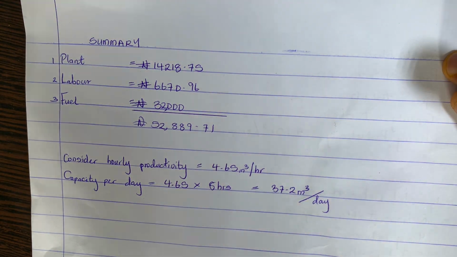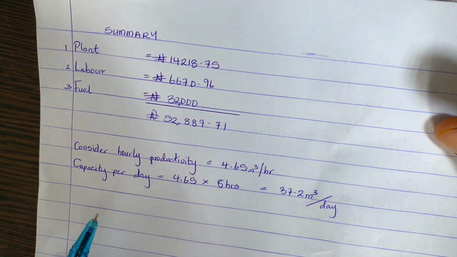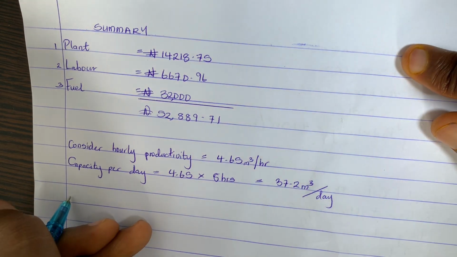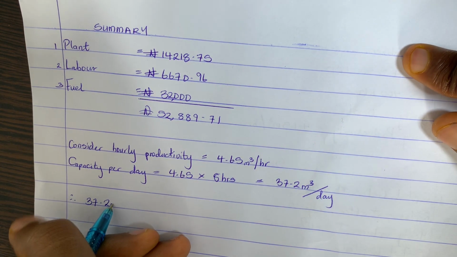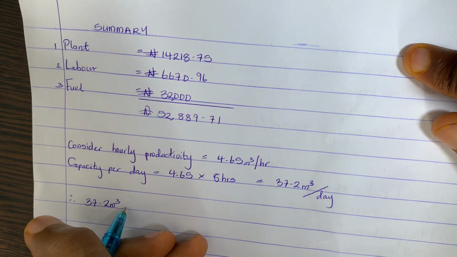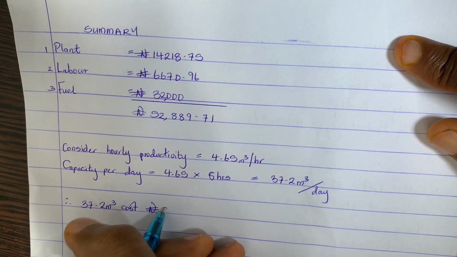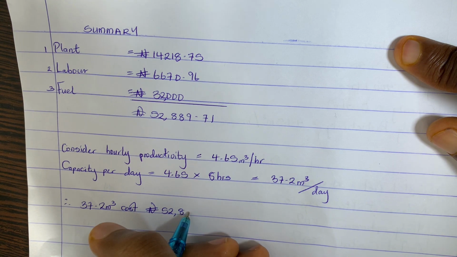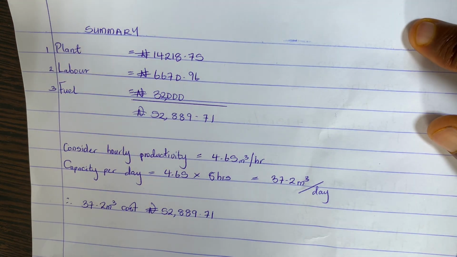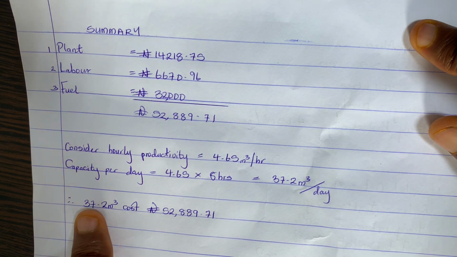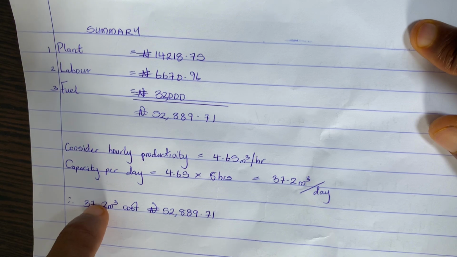So moving further, you can say therefore 37.2 meter cube costs 52,889.7 naira.